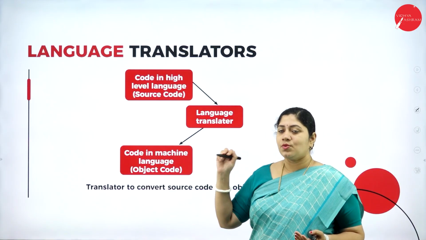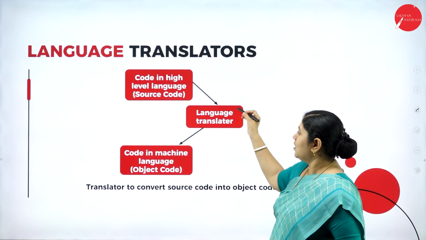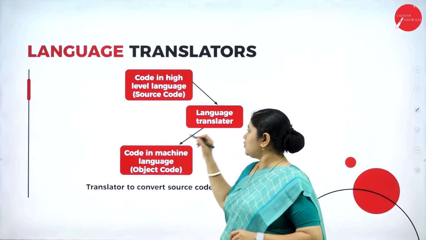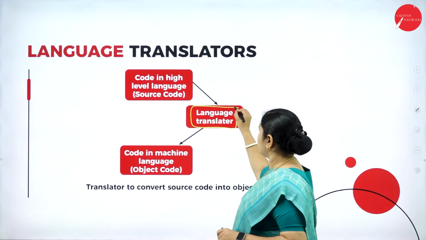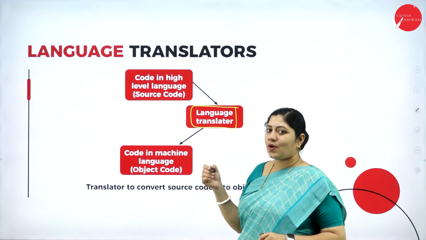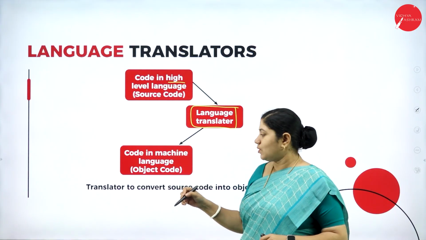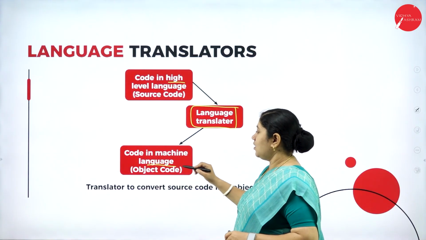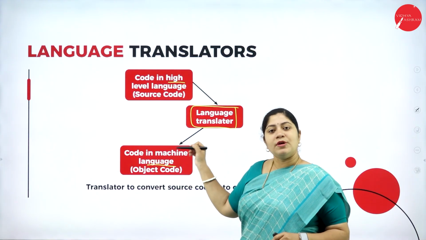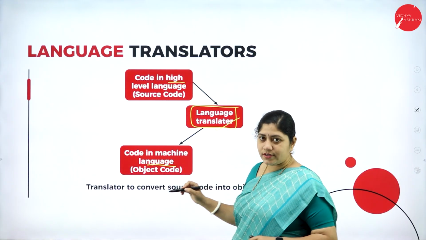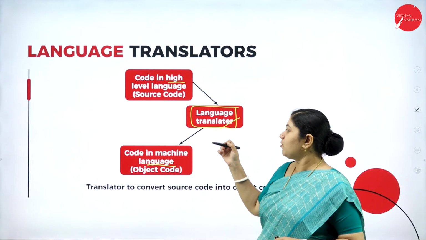Okay. Up next, let's see what's the use of language translators. Why is it used? If you want to change your code from the high level language towards the low level language, or we can say the machine level language, at that point of time we need language translators. We can consider an example of source code.